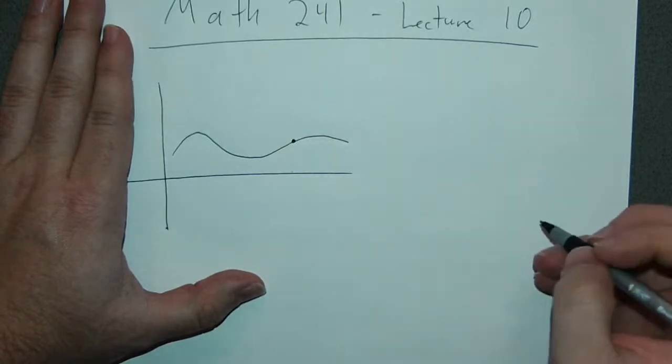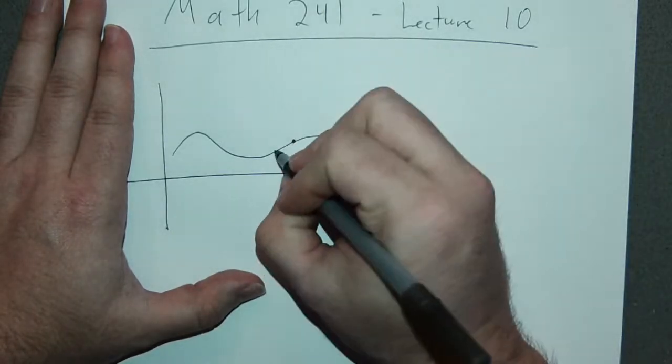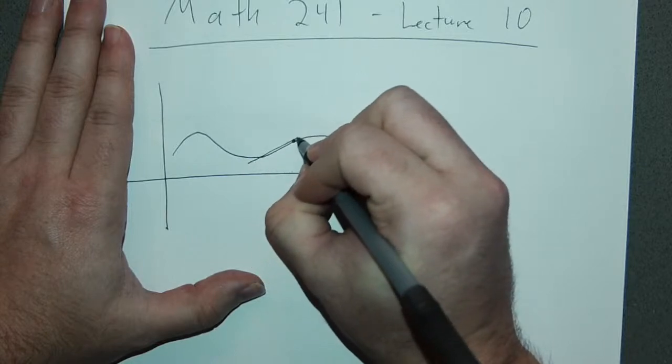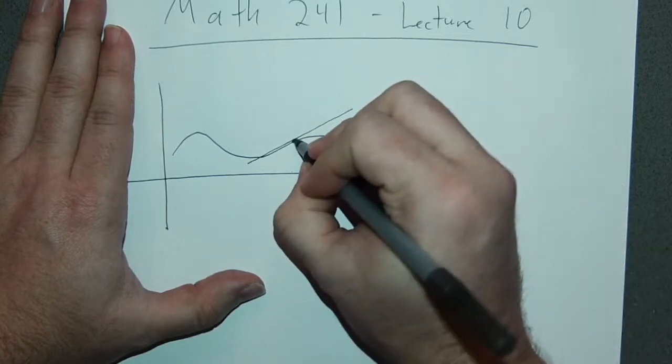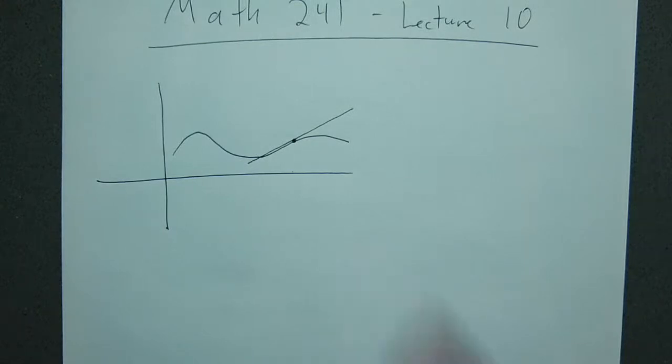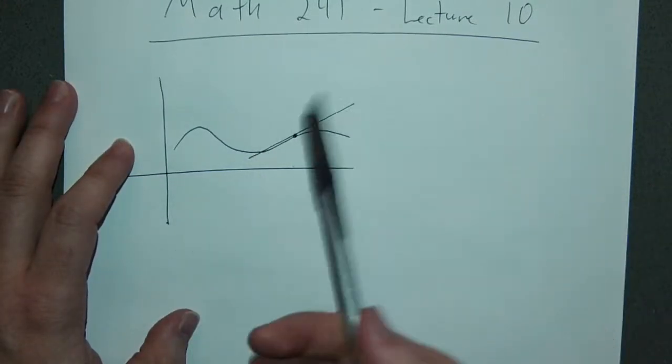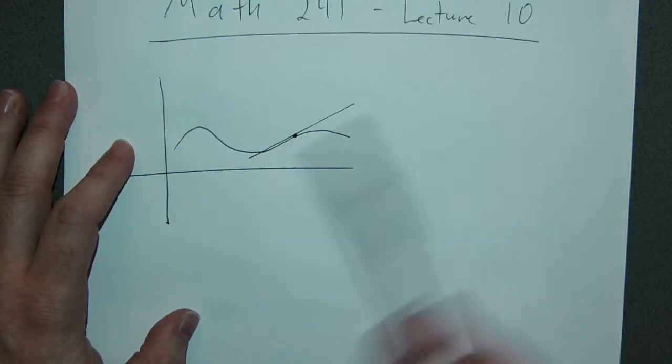So this is a curve in the plane. And if I draw a sketch of the tangent line to the curve at the point, of course I could find this line just by knowing the point on the curve and finding the slope by computing the derivative of the function.